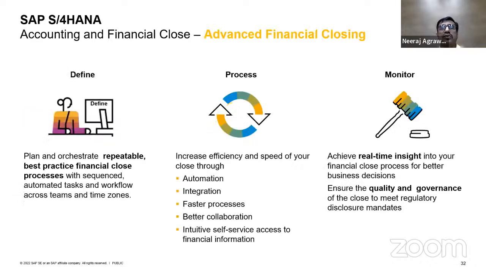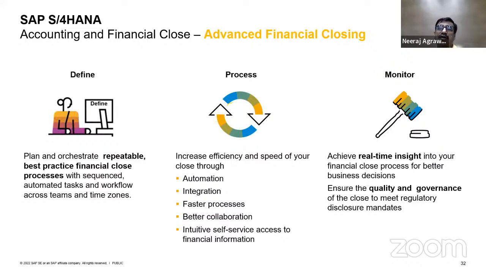Okay, now next we move to another key and critical area, which is the closing. We all know how important the closing is, and it's one of the times when there is a lot of pressure on the accounts team to do things in a very timely manner.